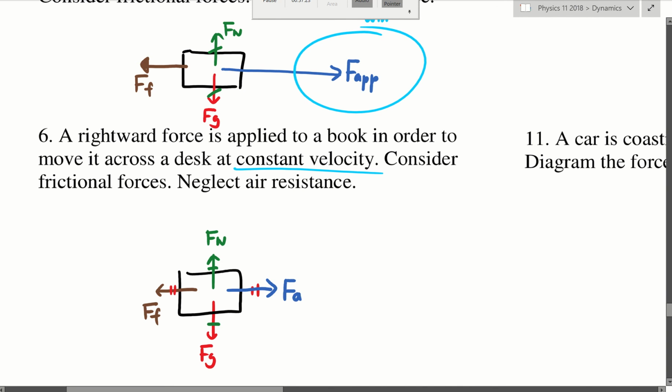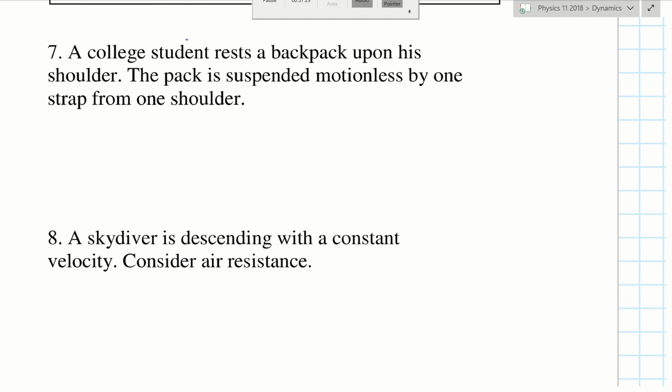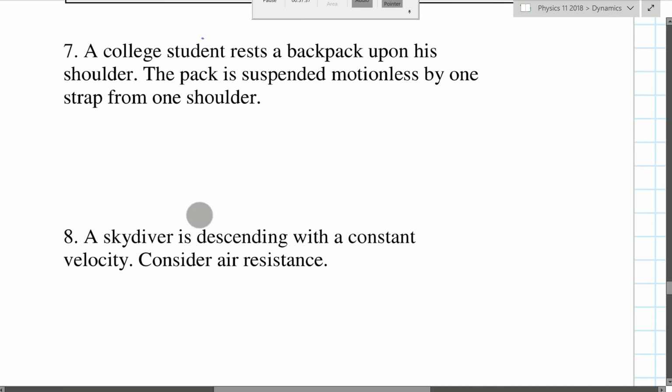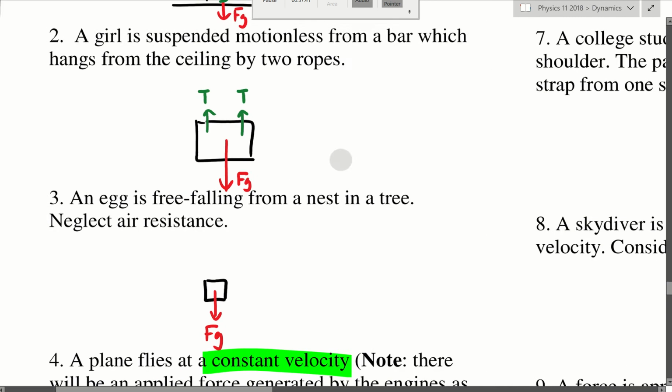All right, now moving on. Number 7. Someone is wearing a backpack on your shoulder, but only by one strap. Usually when you wear a backpack, it's 2 straps, right? It will look exactly like the girl doing the monkey bar on a tree question, number 2.